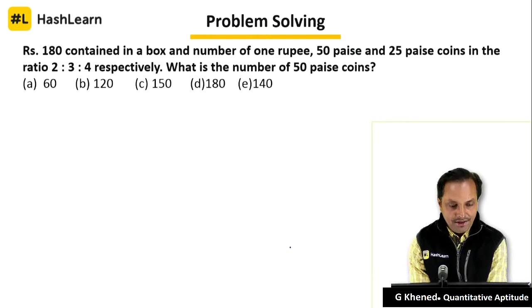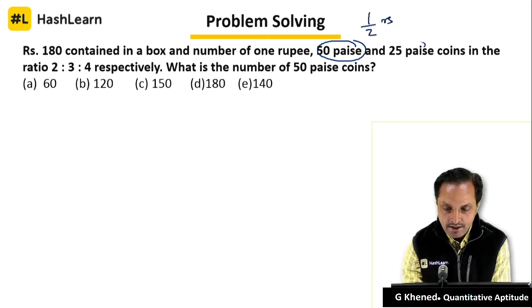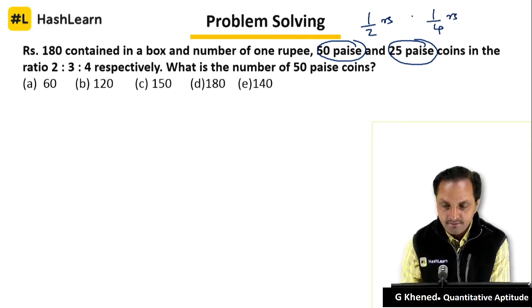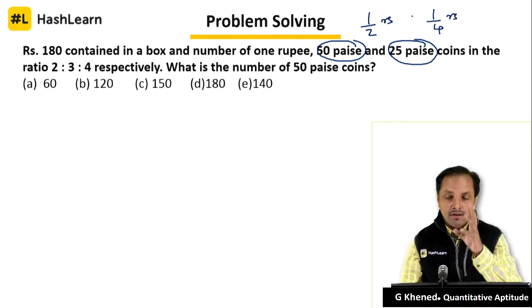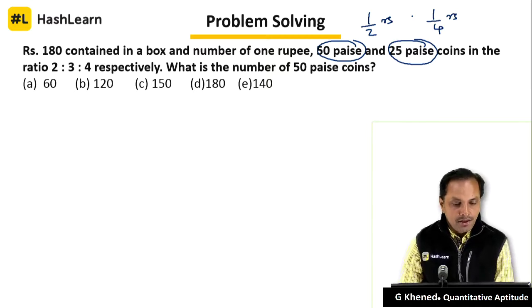You know that 50 paise is nothing but half a rupee, and 25 paise is nothing but a quarter of a rupee. Always the coins which you consider should be in the form of rupees. So make sure you write the 50 paise coin as half a rupee and the 25 paise coin as a quarter of a rupee. They are in the ratio 2:3:4 respectively.